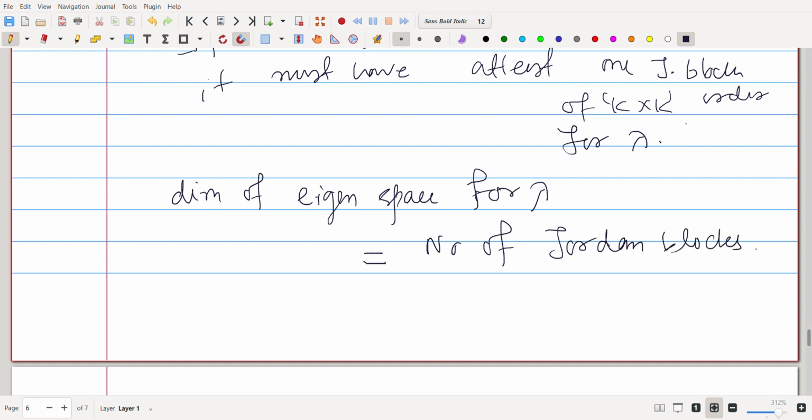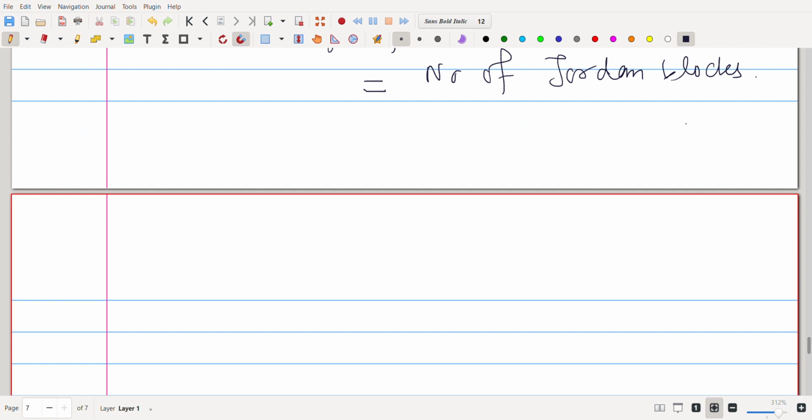So that means the dimensions of the eigenspaces for 0, 1 and 2 pi i are 2, 1 and 2, because the number of Jordan blocks for 0 is 2, for 1 is 1, and for 2 pi i is 2. So 1 and 4 are correct. Okay. So these are the basic properties from the Jordan canonical form, and by using them you need to solve this, and the same type of problem comes up every time.